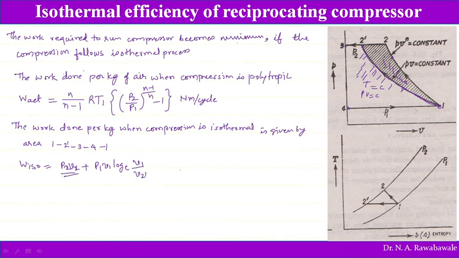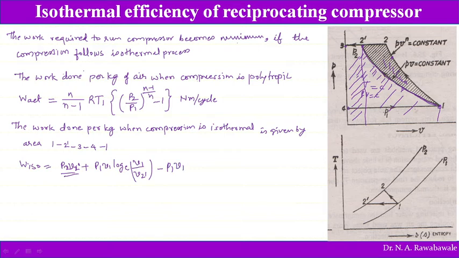So P2 V2 is this area, and up to V2 dash we can call this P2 V2 dash, plus the area below this isothermal curve, P1 V1 log to the base e V1 divided by V2 dash, minus P1 V1.